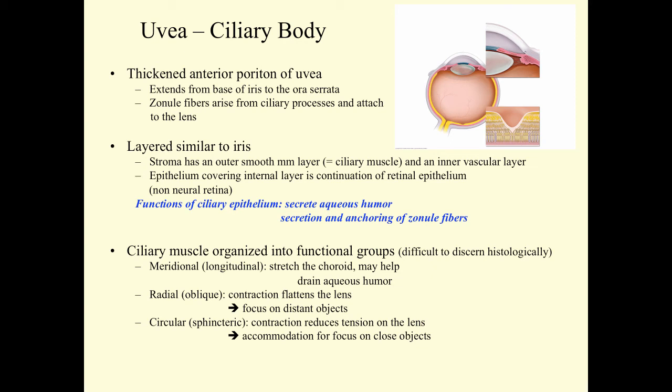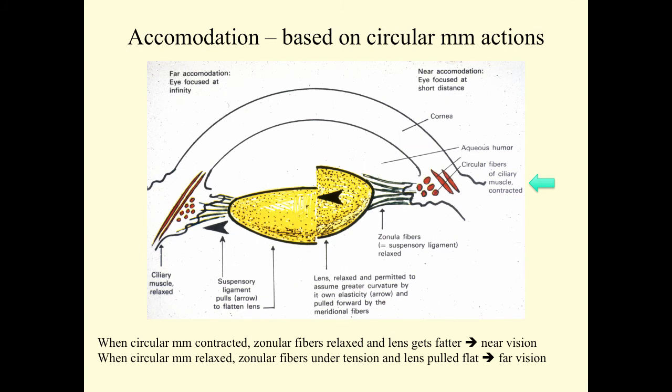When the radial muscles contract, the circular muscles relax. When the circular muscles contract, the radial muscles relax. Accommodation is based on the action of these muscles, and this cartoon shows accommodation based on the action of the circular muscles.